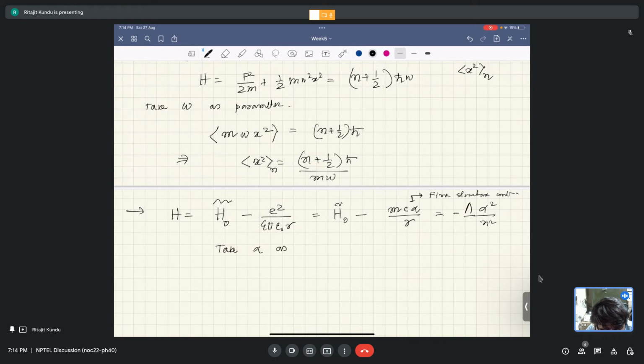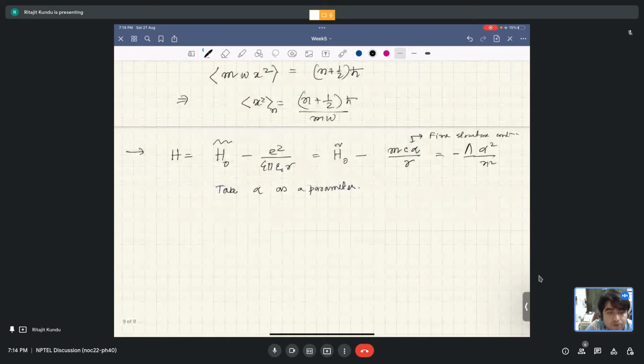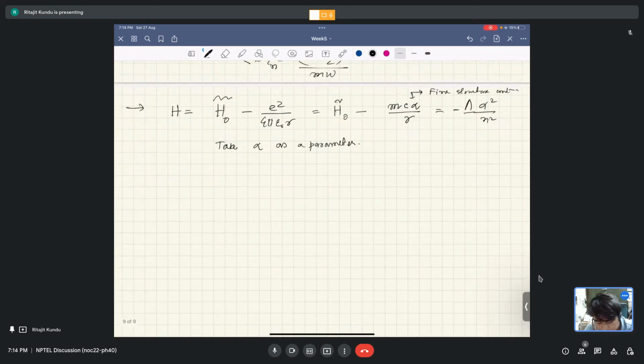Now I take alpha as a parameter, and we do a partial derivative with respect to alpha. From the left hand side we get m c by r, and from the right hand side we get minus lambda alpha by n squared. After this I cancel the minus from both sides and take the expectation.